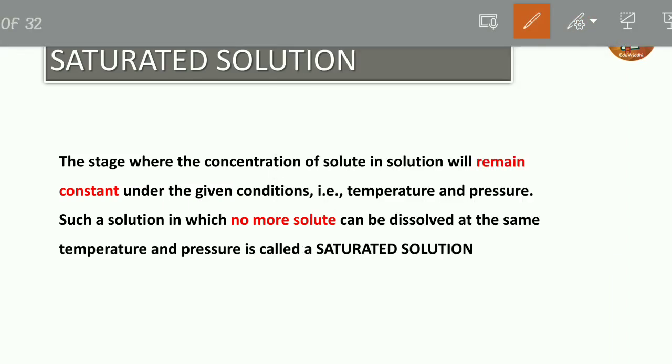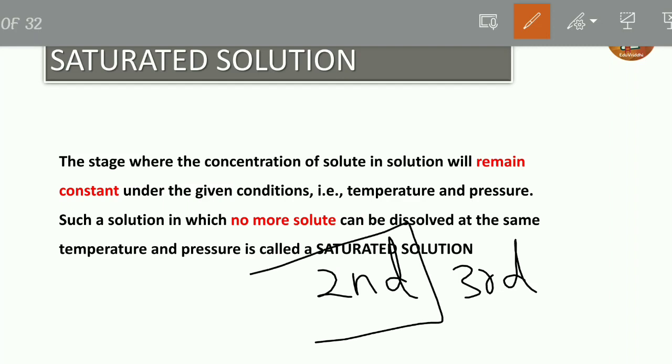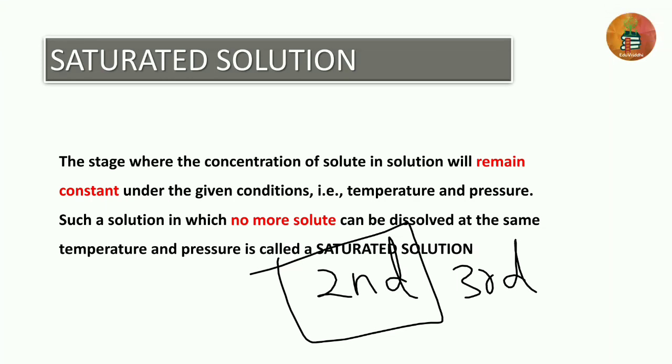In the previous example, if I take till the second spoon, it will dissolve in water. If I add the third spoon, it is not dissolving in water. So that's said to be a saturated solution. So here the concentration of solute will be remaining constant at the second spoon, whatever may be the given conditions, temperature and pressure.